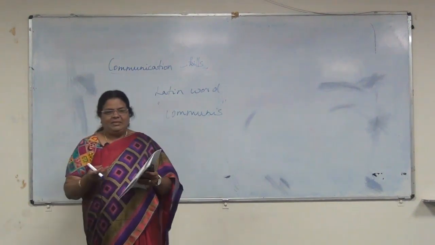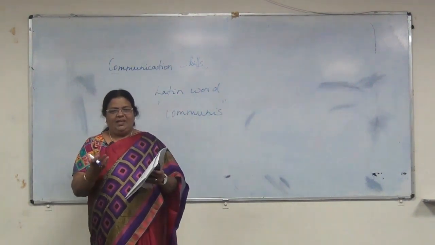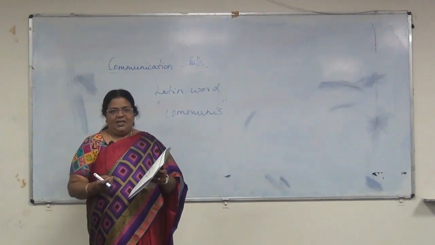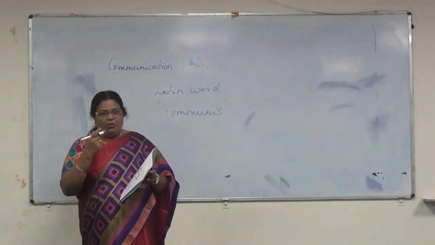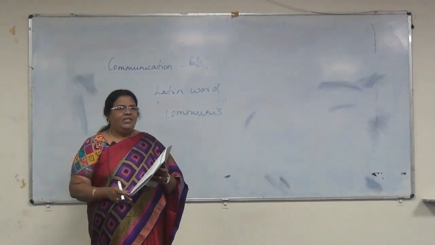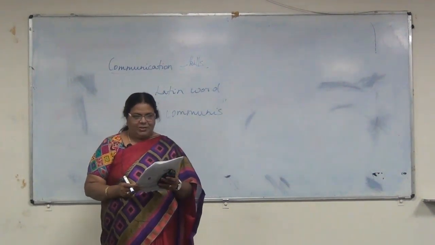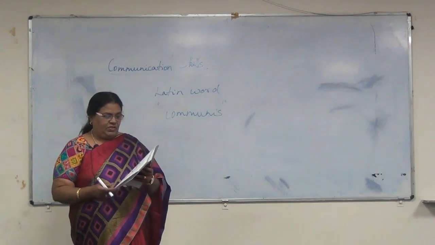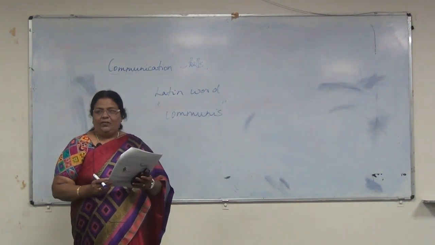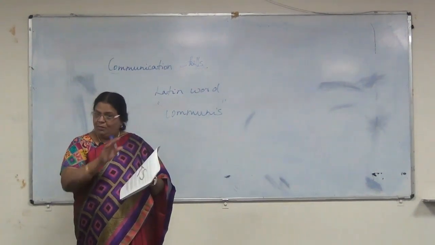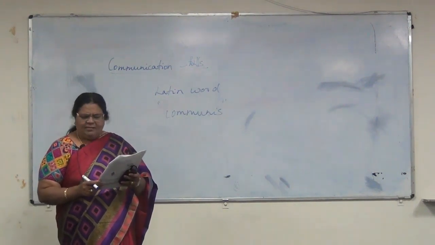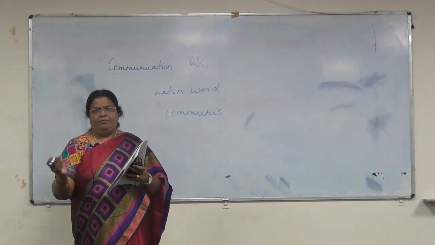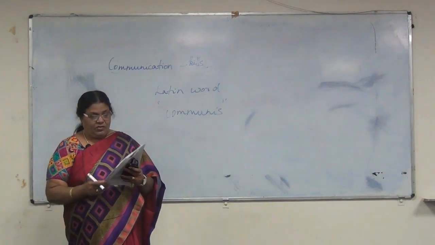For example, a smile. They always say a smile takes a mile. A smile can build relationship, but a frown on the face can break any relationship. It's just a facial gesture which can tell you whether you have built a relationship or broken a relationship altogether. And gestures differ from country to country.